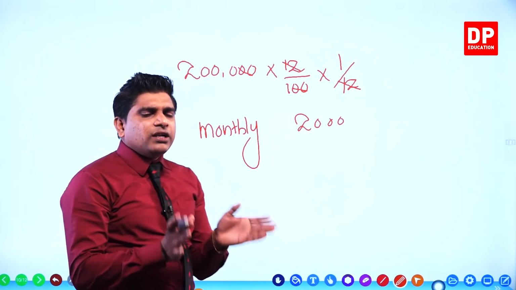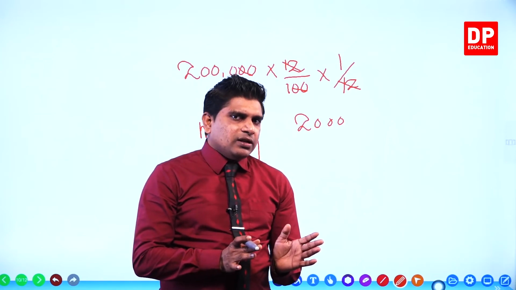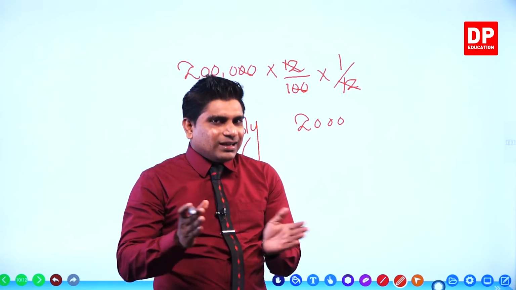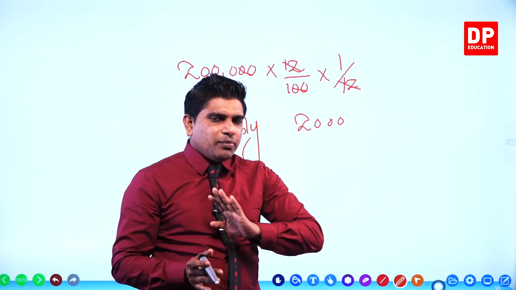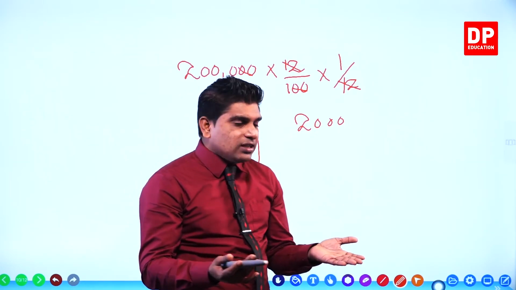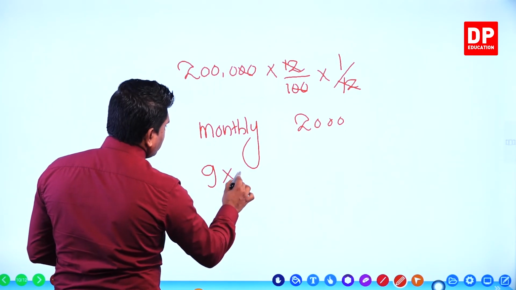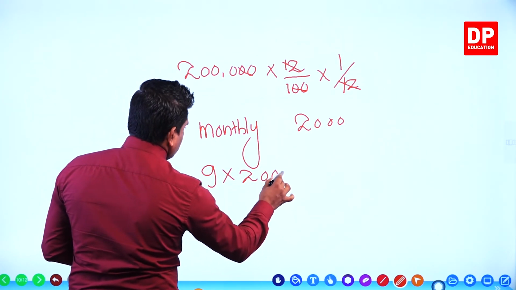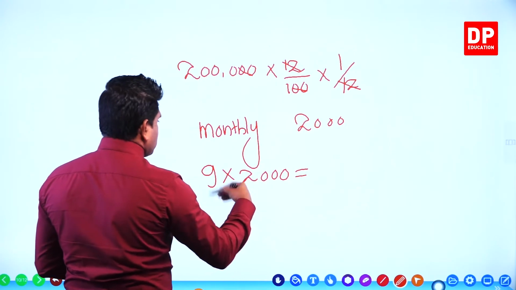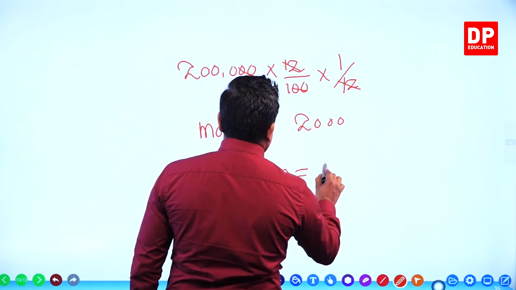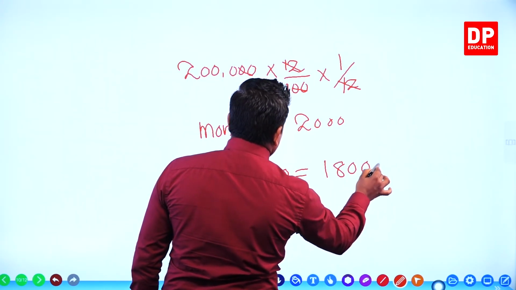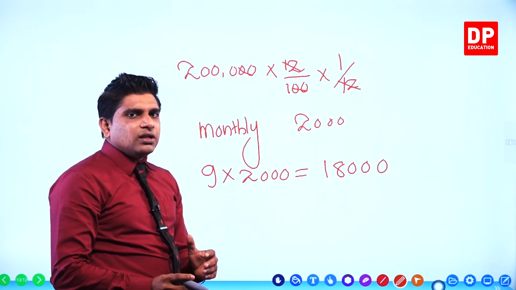Then you opened it on 1st of April. Then how many months can you collect interest? First 3 months, no. Then 9 months, right? Then total 9 months, how much? 9 into 2,000. This is the interest for this year, 18,000. But there's a problem. What is the problem?